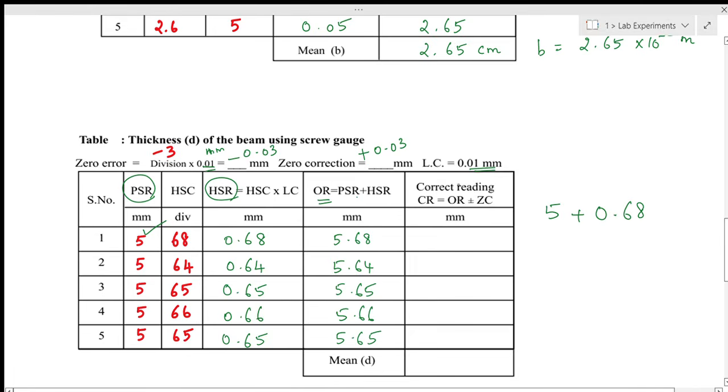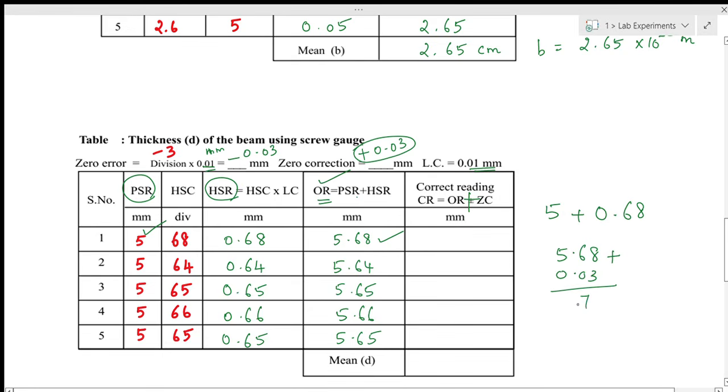Corrected reading is equal to observed reading plus or minus zero correction. For the given screw gauge, we have got plus zero correction. So I am changing it as plus zero correction. So what is your observed reading? It is 5.68. The correction is plus 0.03.